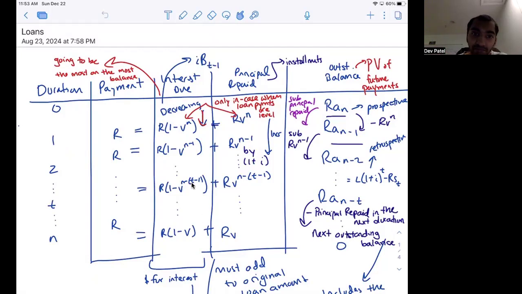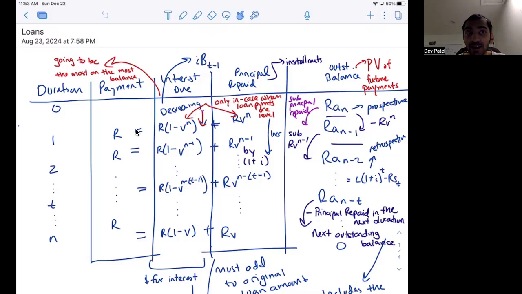and so on. One of the main concepts, whether it's level payment or non-level payment, is that the payment amount will always be broken up into the interest due and the principal repaid. So if you take the sum of the interest due and the principal repaid, you will always get the payment amount, no matter if the payment amount is level or if it varies.